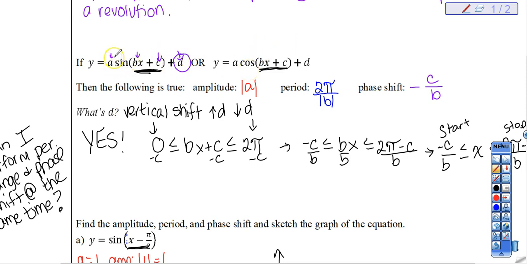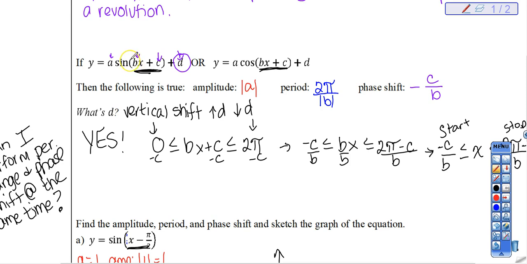And today we will be working with problems that could include all four of the variables that would transform your function. Okay, so remember that your A term is your amplitude. It tells you vertically if you're going to stretch the graph or compress the graph. It'll also reflect the graph. Your B term will affect the period of your function.